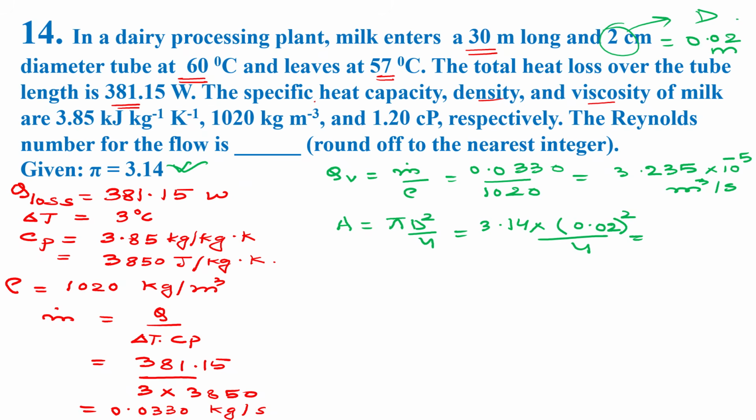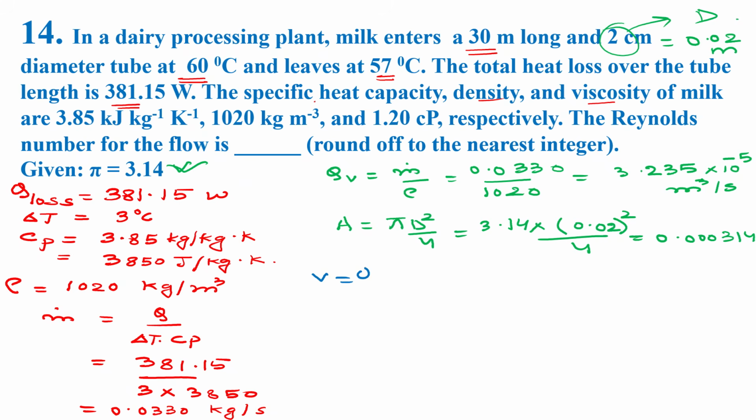Okay, now we need to calculate the mean velocity. I'll change the color. Mean velocity is easy to calculate: volumetric flow divided by the area. So we'll get the mean velocity of the flow.